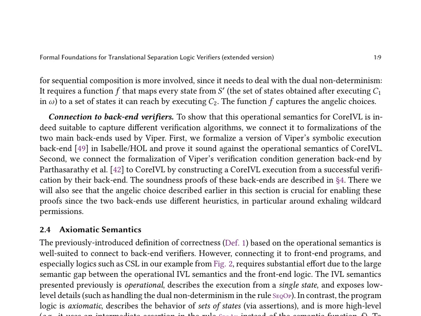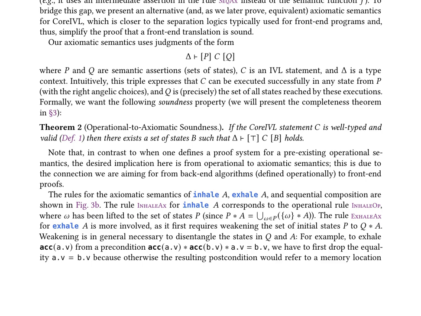The axiomatic semantics uses judgments of the form Δ ⊢ P, s, Q, where P and Q are semantic assertions, sets of states, s is an IVL statement, and Δ is a type context.